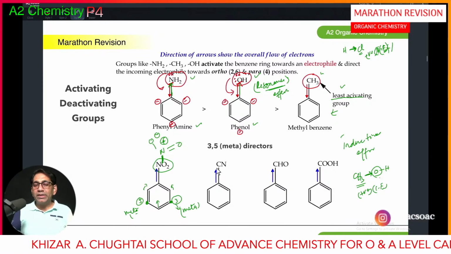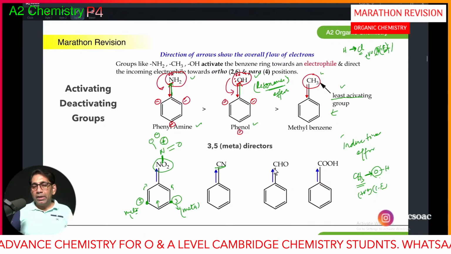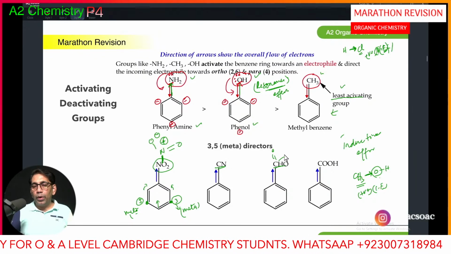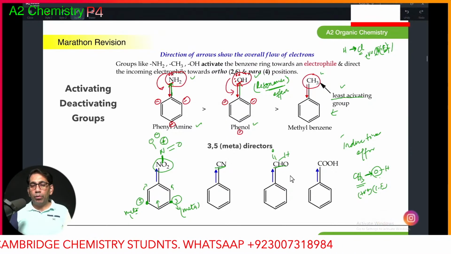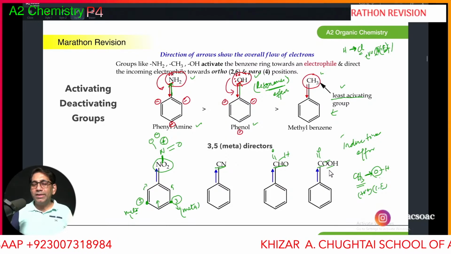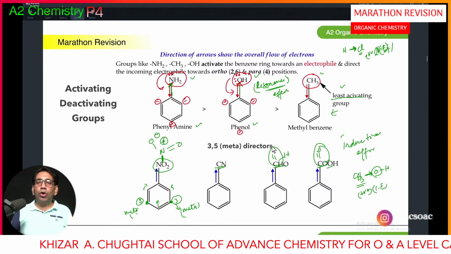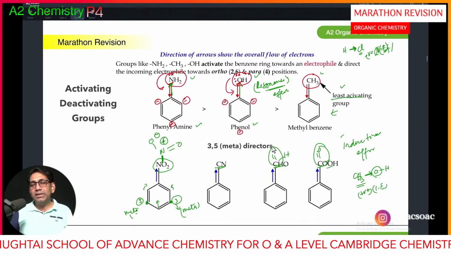So NO2 group is a deactivating group, C triple bond N is a deactivating group, C double bond O, aldehydic or ketonic group, is a deactivating group. Any C double bond O is a deactivating group. In fact, the carbon oxygen group, called the carbonyl group, is a deactivating group.